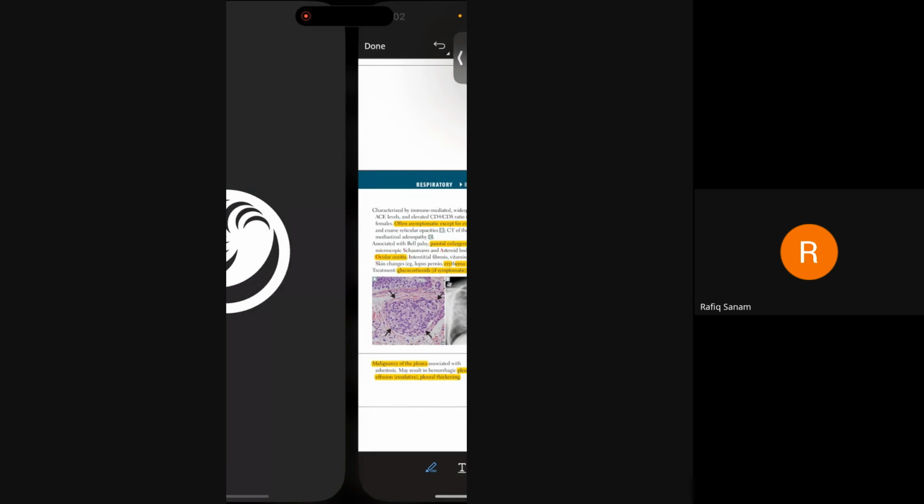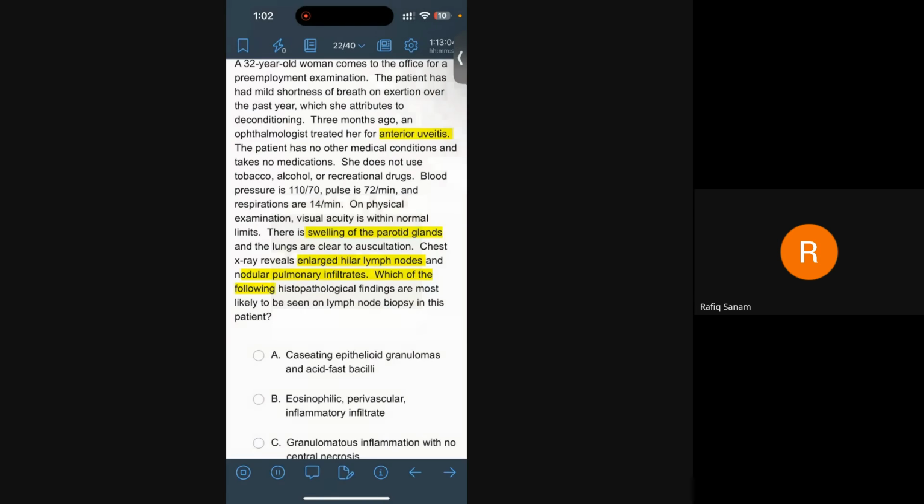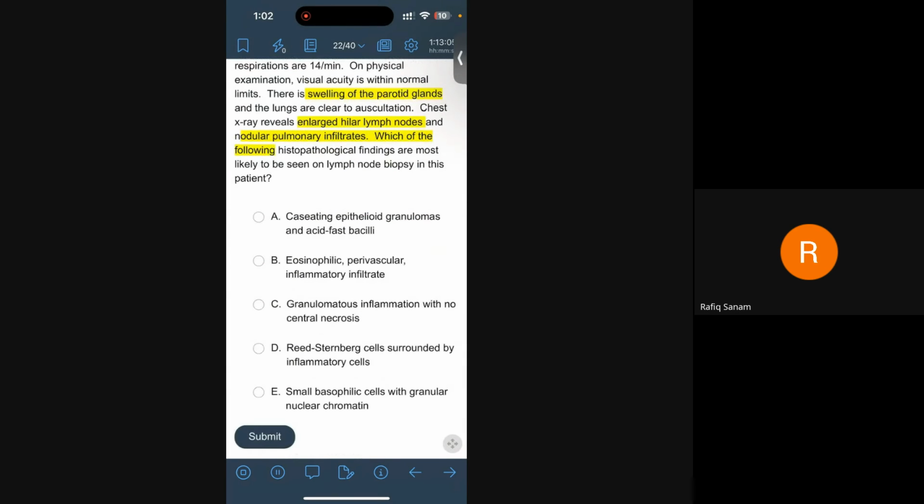Now coming to the answer. What will be the answer then? It is going to be C, granulomatous inflammation with no central necrosis, because it is non-caseating granulomas.